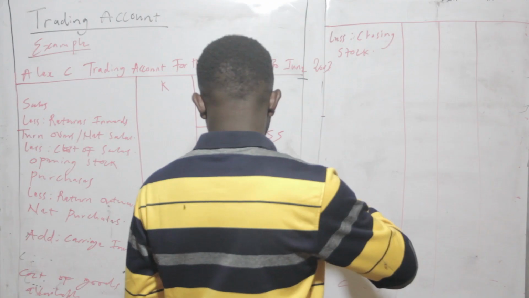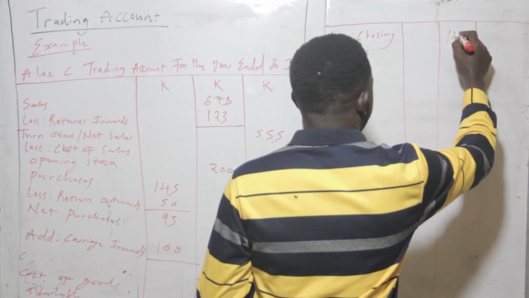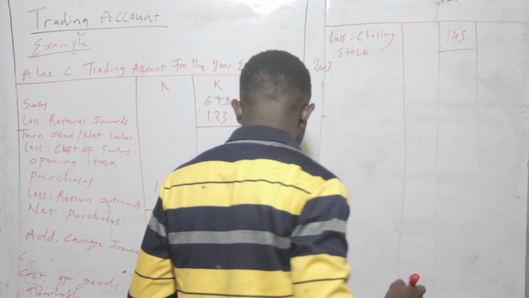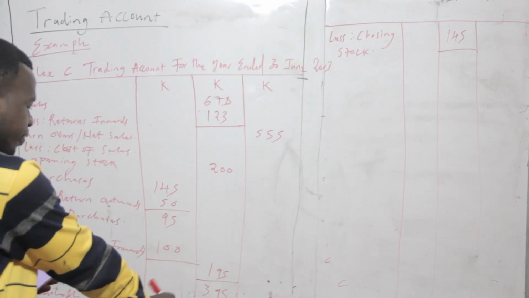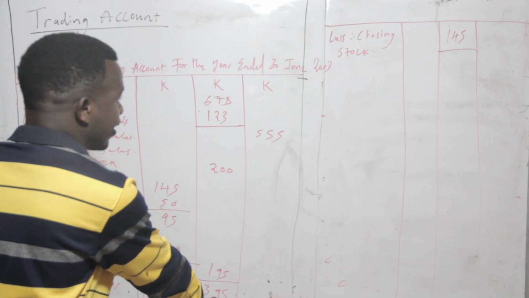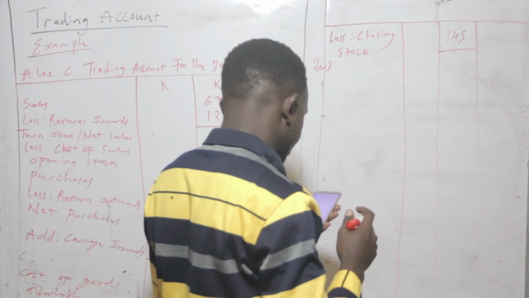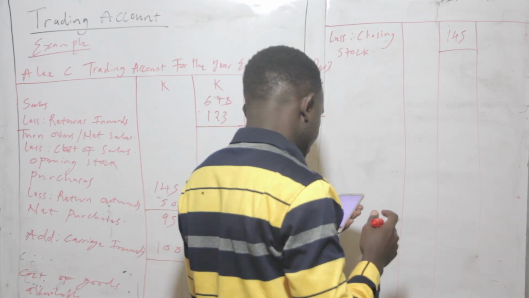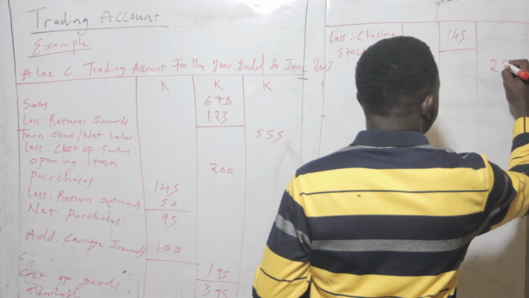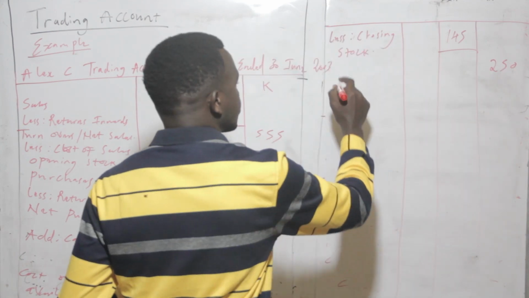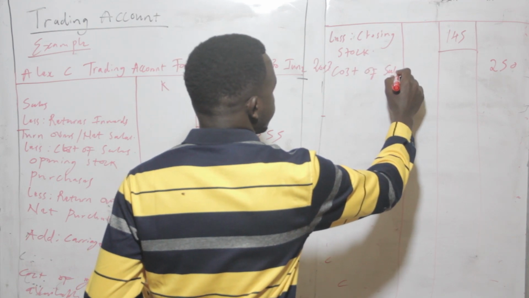So we are going to say less closing stock, which is 145, and our cost of goods available, we're having 395 minus our closing stock, which is 145. So there our answer, we are going to have 250, and our 250, that's going to be cost of sales.